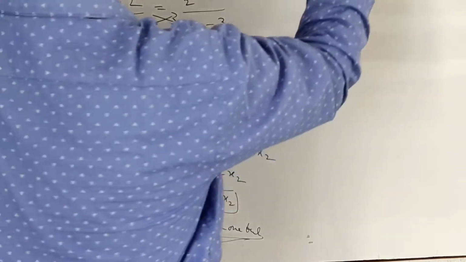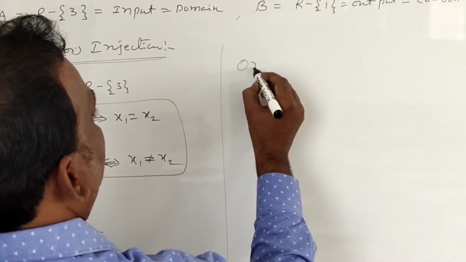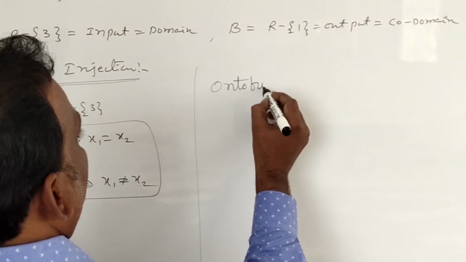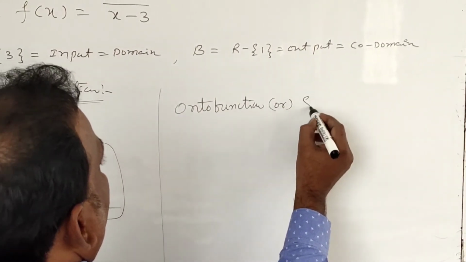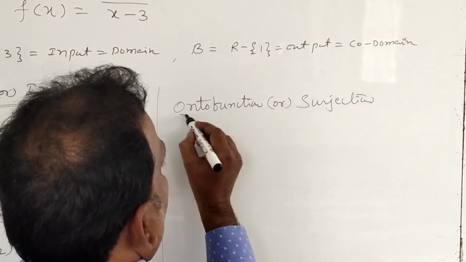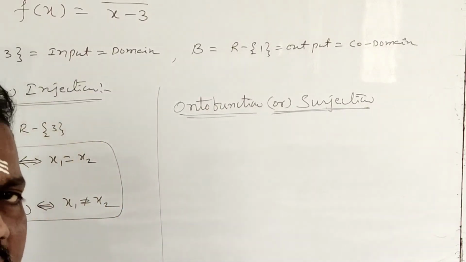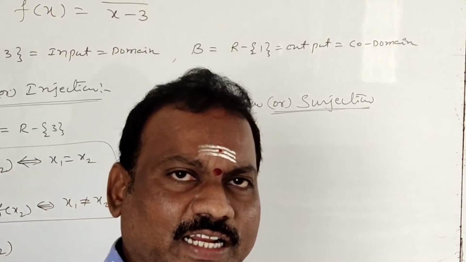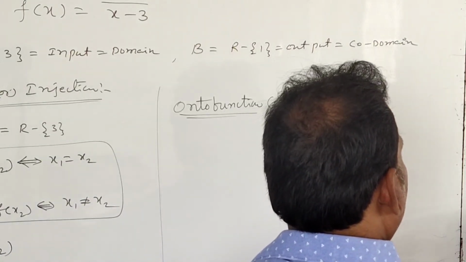Next, we are going to prove onto function or surjection. What is the mathematical definition of an onto function or surjection? Simple, students. Generally we say that range is equal to codomain.